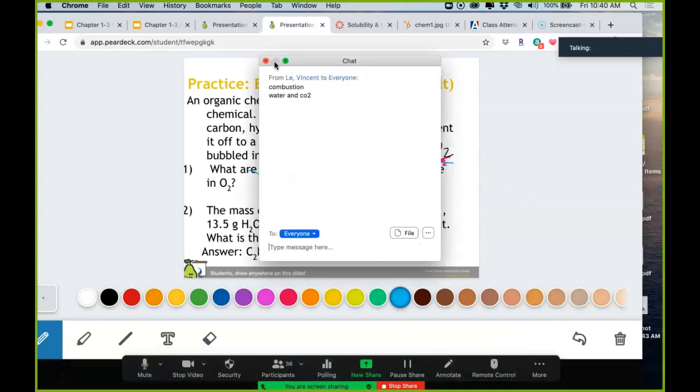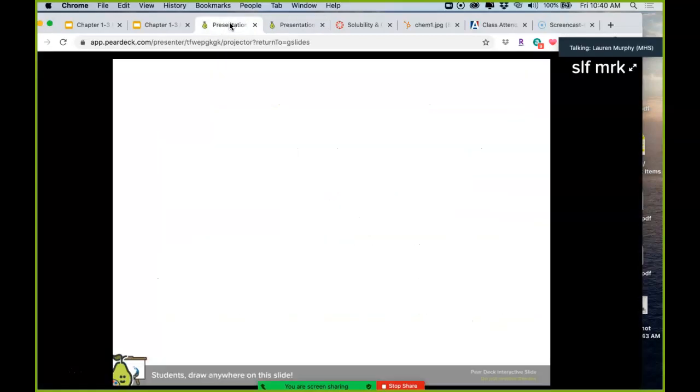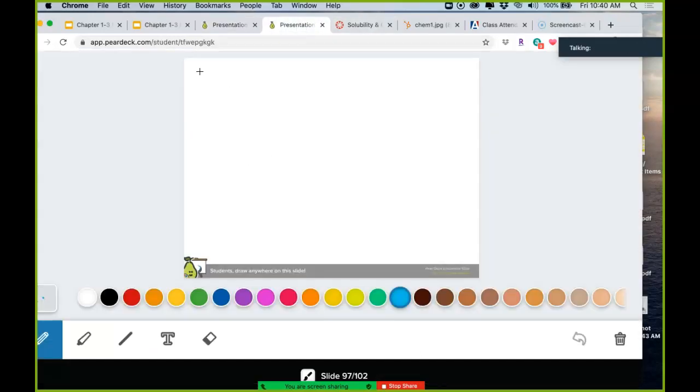I see some chats. Oh, good. Okay, here we go. So they tell you that 22 grams of carbon dioxide were produced and 13.5 grams of water were produced. Okay, so my sample is 11.5 grams, and it's made up of carbon and hydrogen and oxygen.